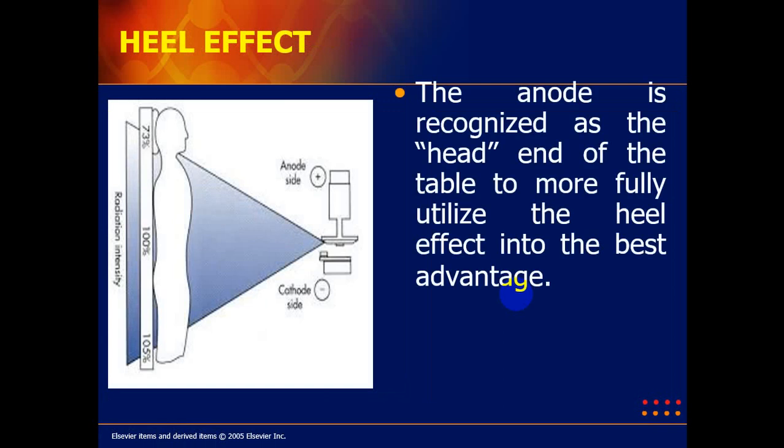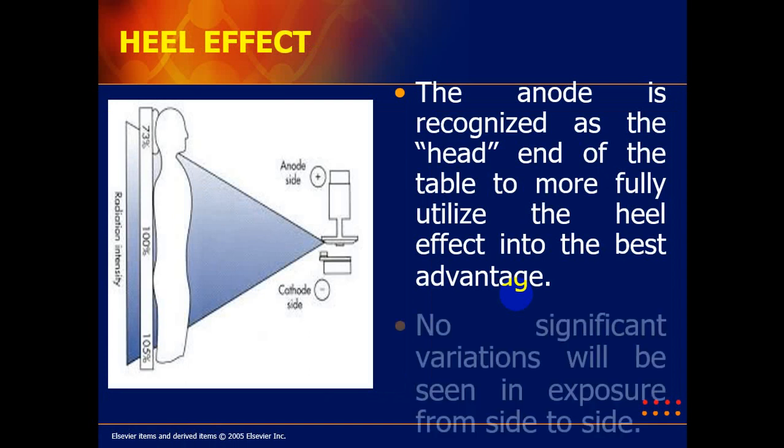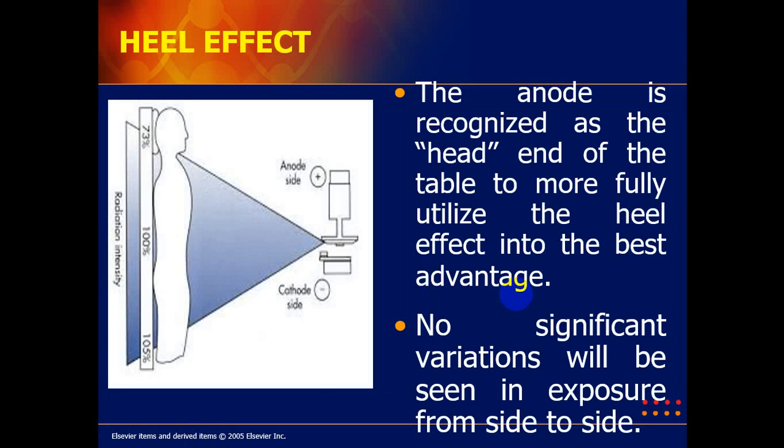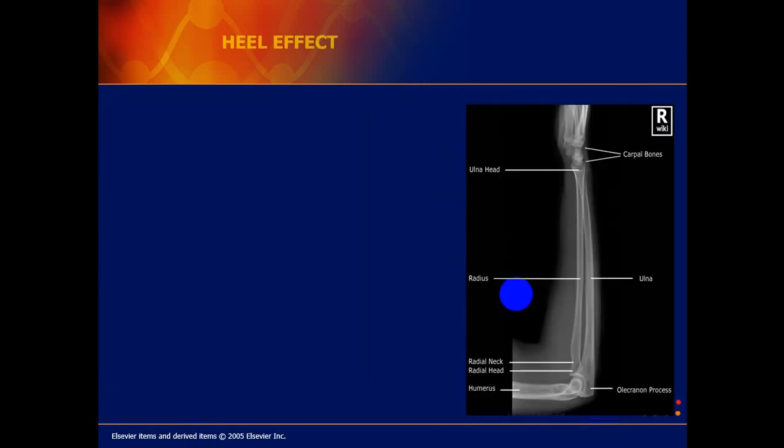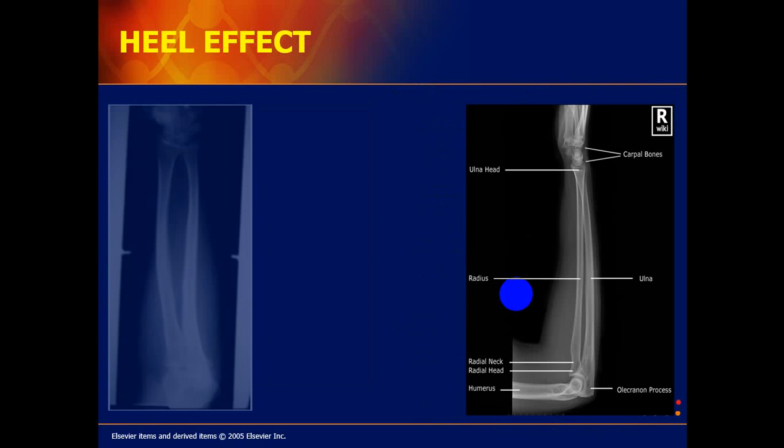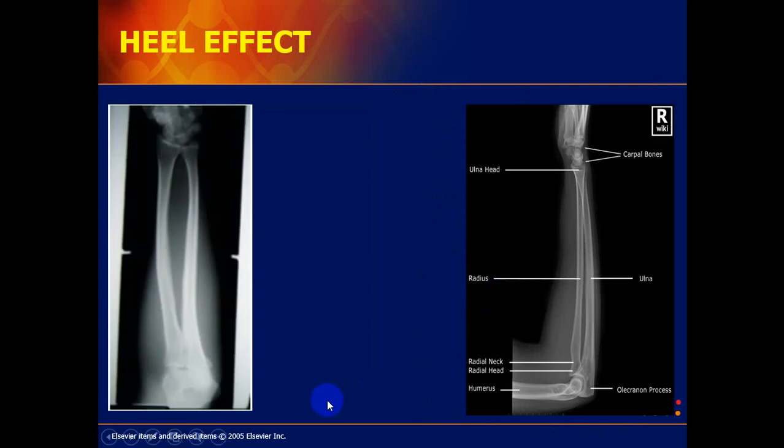So the anode is recognized as the foot end of the table to more fully utilize the heel effect to the best advantage, so no significant variations will be seen in exposure from side to side. So heel effect. So anong magiging effect nito?